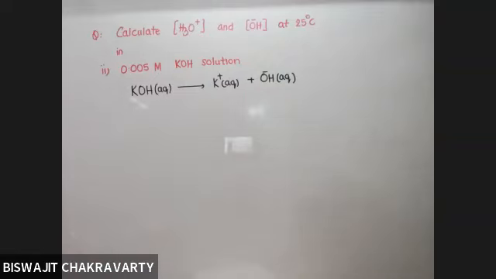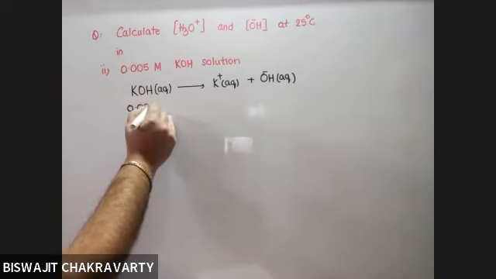With the help of OH-, we will now be calculating the H3O+. K+ and OH-, how much is the K+? 0.005 molar.